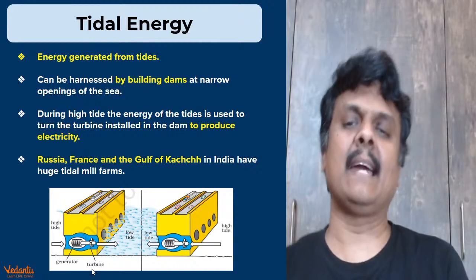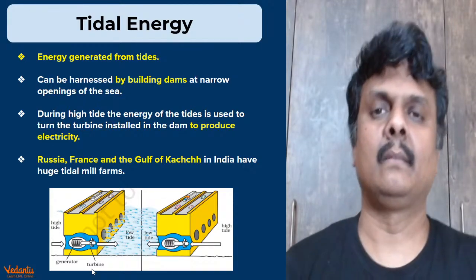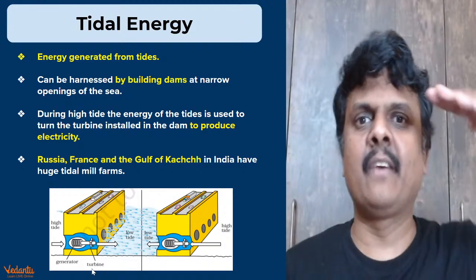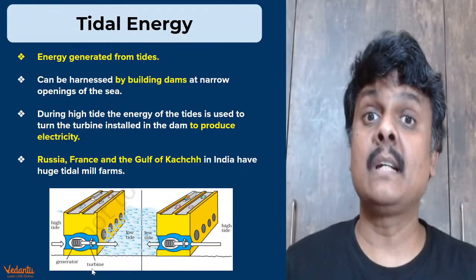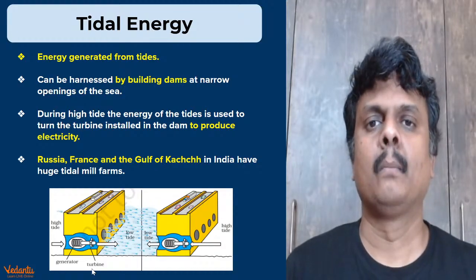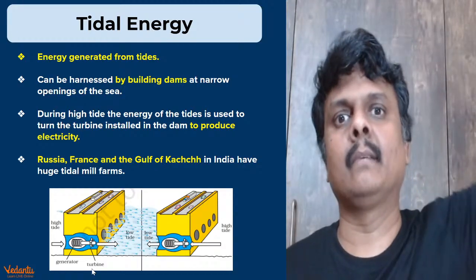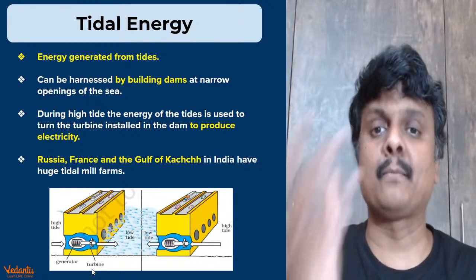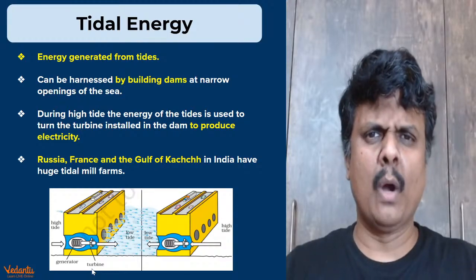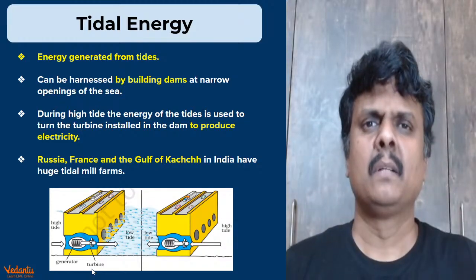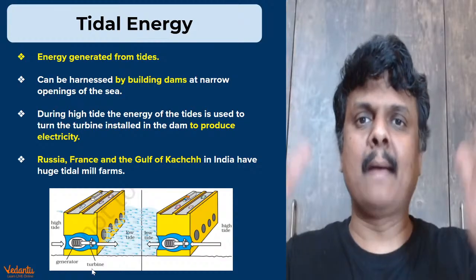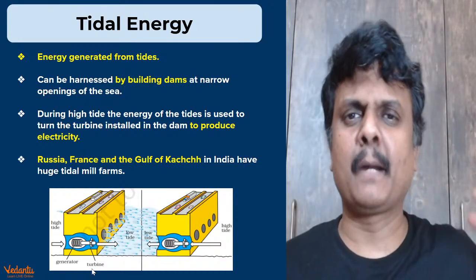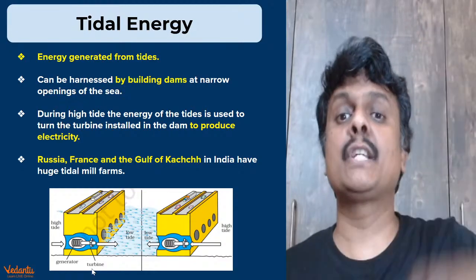Tidal energy, guys. Wherever there are huge tides, there are two natural tides that occur in sea waves, right? Artificial tides can be created by flushing water from a height. Generally this happens in dams with very narrow openings. They build dams and put seawater inside. With a lot of pressure, water flows into turbines.